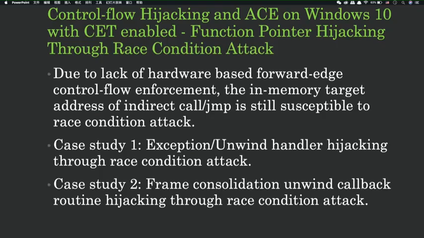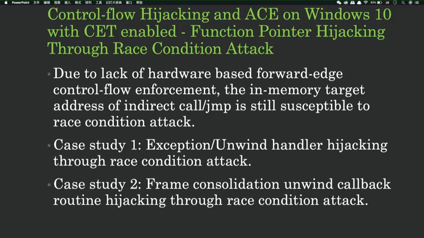And next, let's see something harder. It's about function pointer hijacking through a race condition attack. Because, as Chong has mentioned, due to the lack of hardware-based forward edge control flow enforcement, the IBT, the in-memory target address of indirect call and indirect jump is still susceptible to the race condition attack.